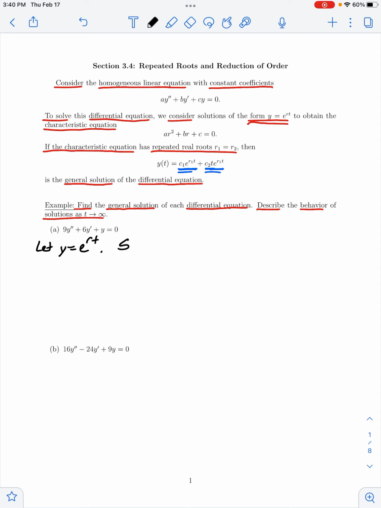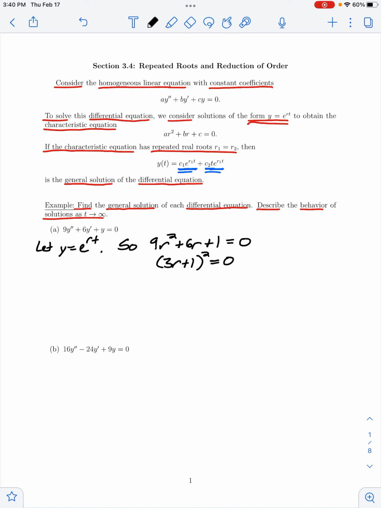So r would have to be a root of the characteristic equation 9r squared plus 6r plus 1 equals 0. And this quadratic can be factored as 3r plus 1 quantity squared equals 0.